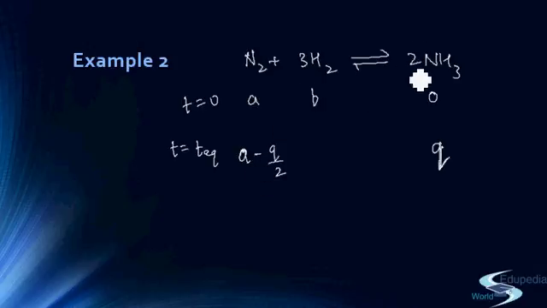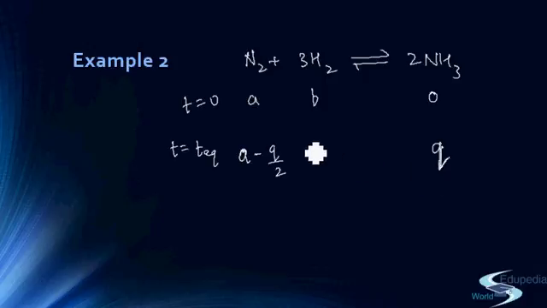See here, 2 moles of ammonia are formed by 1 mole of nitrogen. That means consumption of nitrogen is half the value of the formation of ammonia. So if Q amount of ammonia is formed, then half of Q is the amount of nitrogen consumed to form that much ammonia.